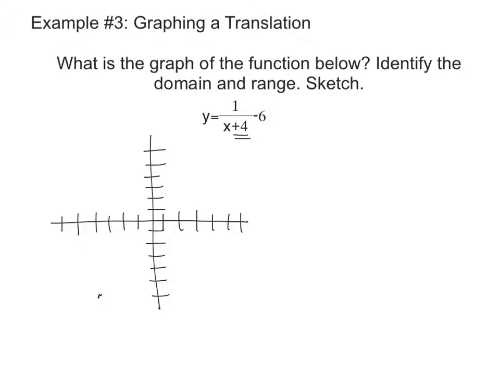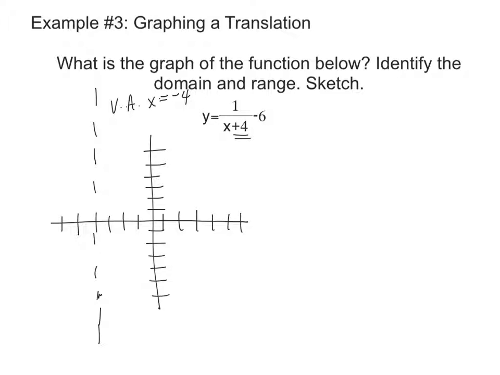So don't forget, though, that the 4 is your vertical asymptote. So I have a vertical asymptote here. So my VA is x equals -4.